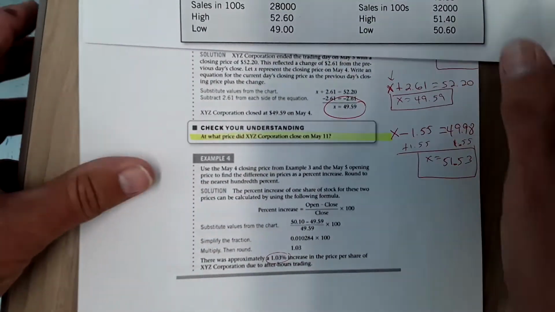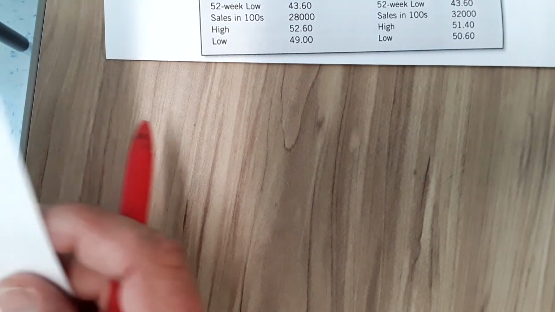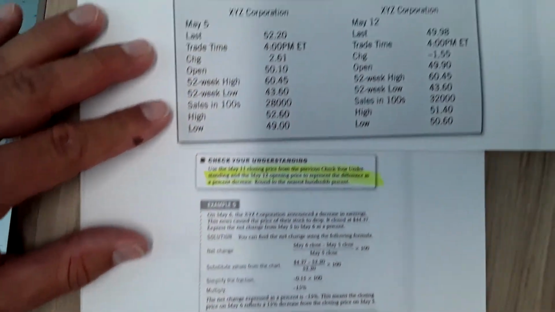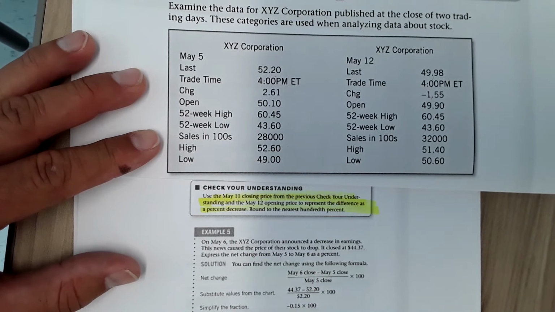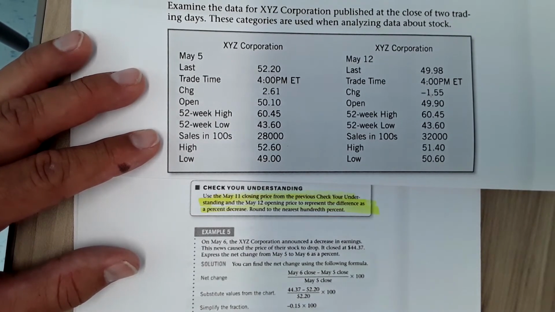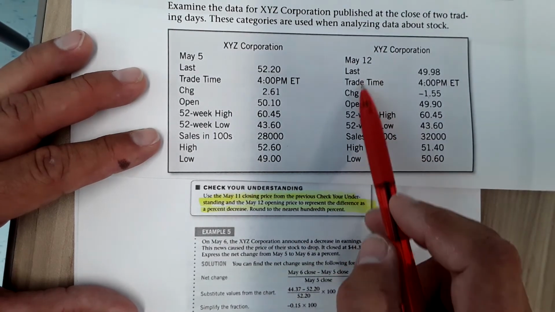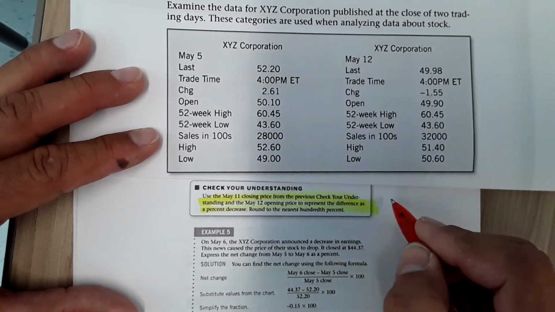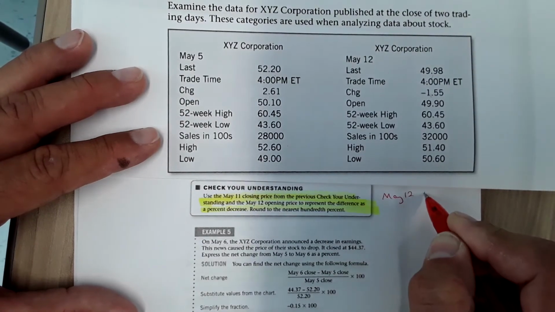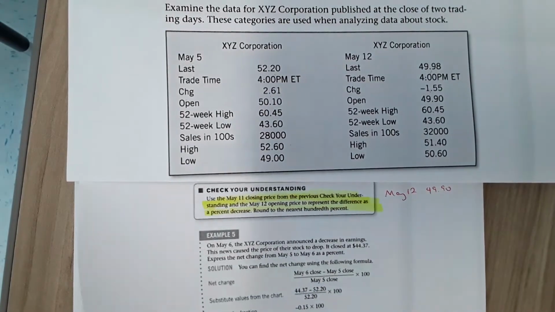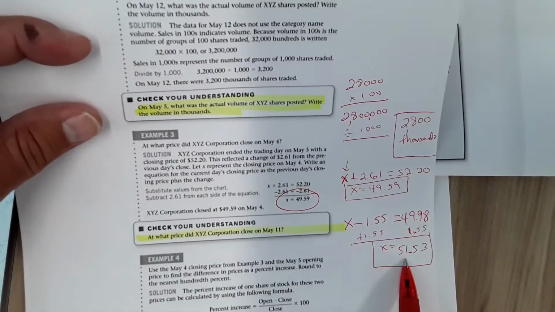So let's try one on our own. Use the May 11th closing price from the previous Check Your Understanding and the May 12th opening price. Well, the May 12th opening price was $49.90. And the previous example that we did was the $51.53 that we found.